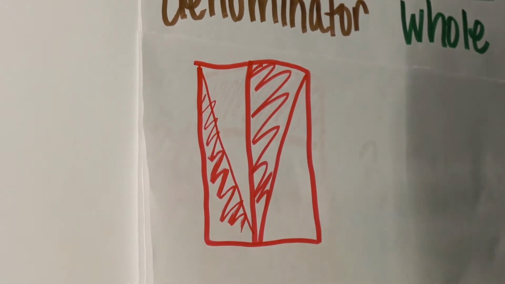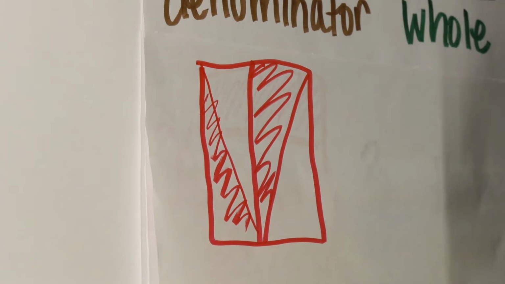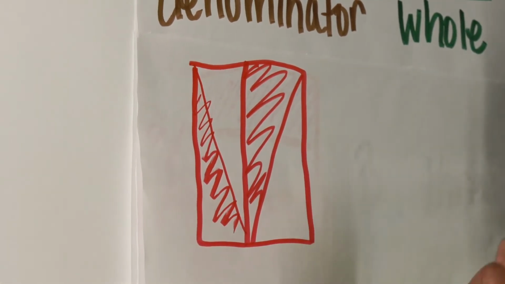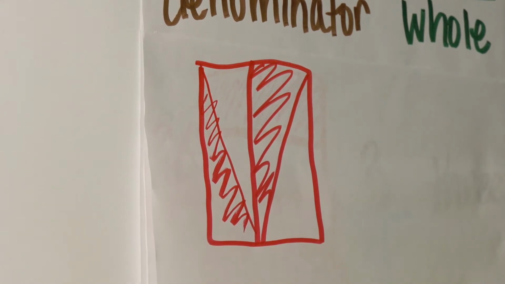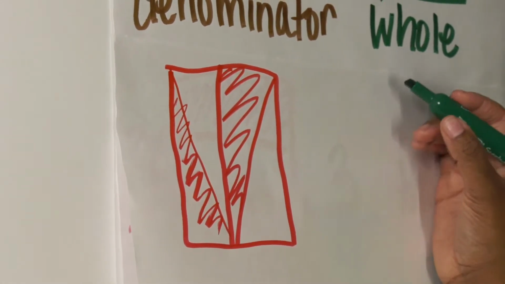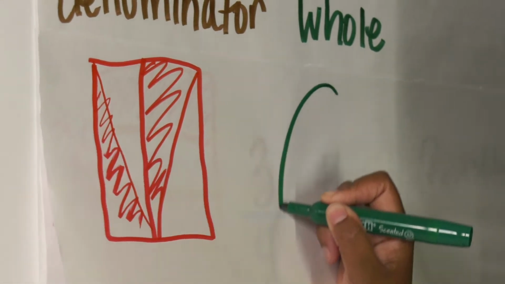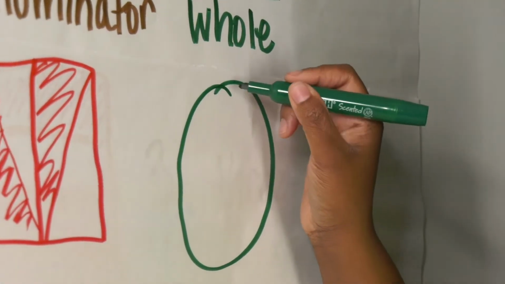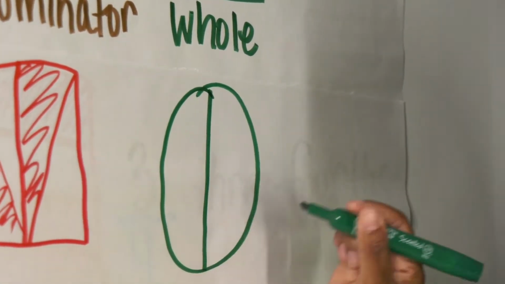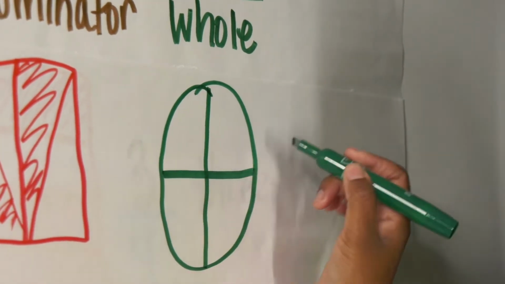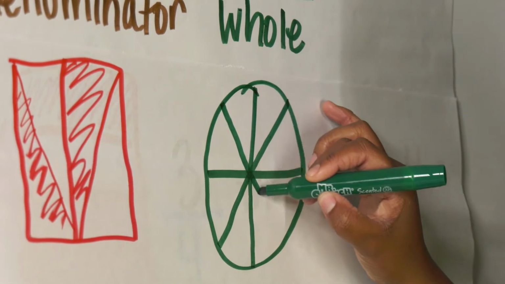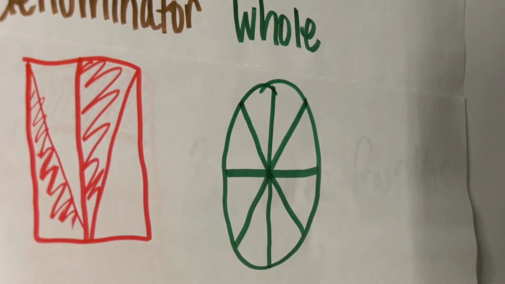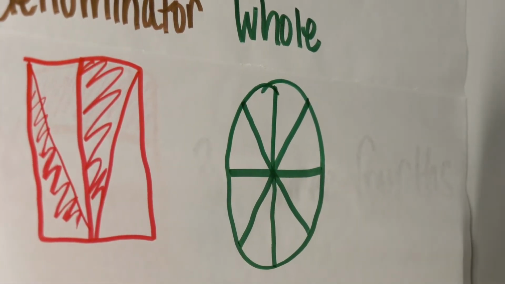All right, so we're going to keep continuing with our image and then our number line like we learned yesterday. This time I'm going to use a circle. You notice this circle looks somewhat like a pizza, a pie.